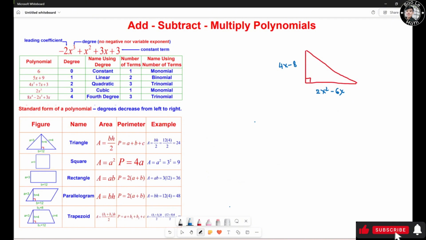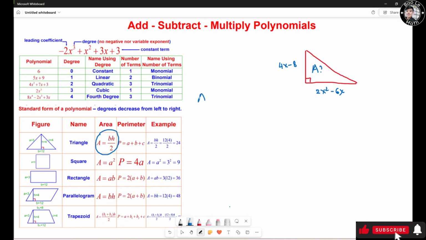Now let's move on to the next example. So for example, if I have the right triangle and the base is 2s squared minus 6s and the height equals 4s minus 8. Now I need to calculate the area of this triangle. So the area of the triangle equals base times height divided by 2, right?